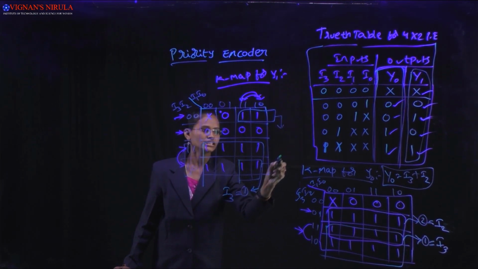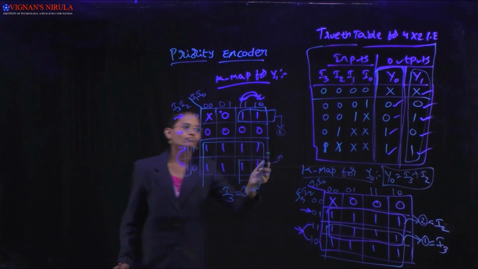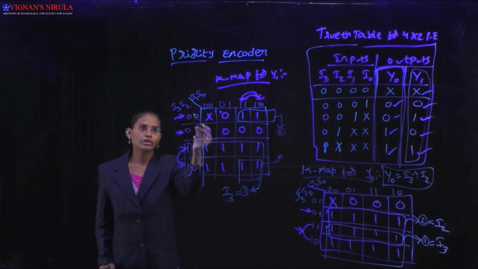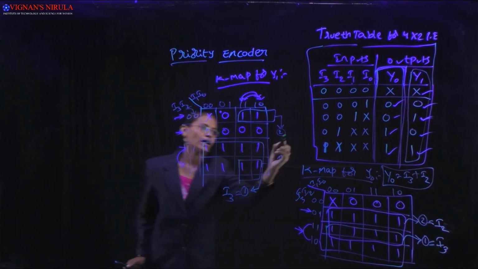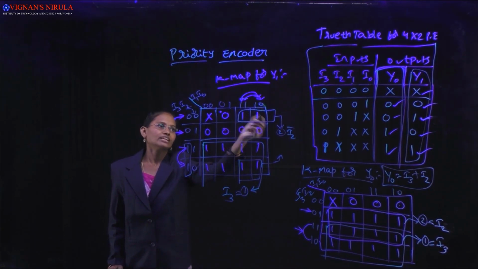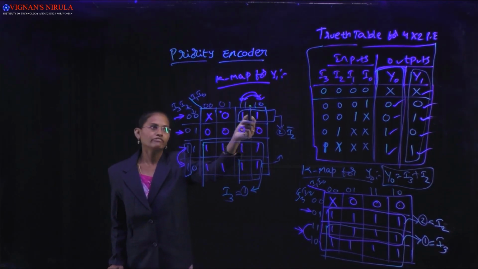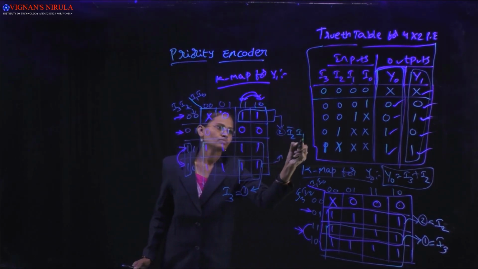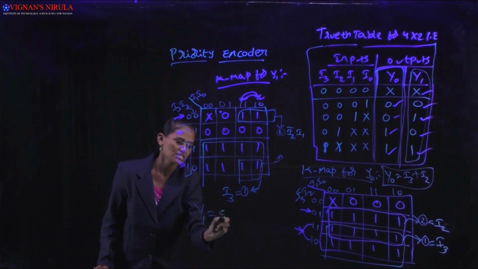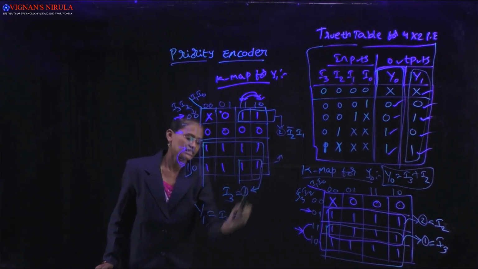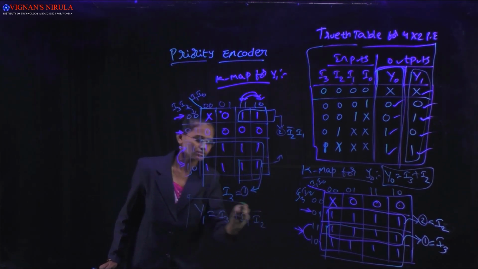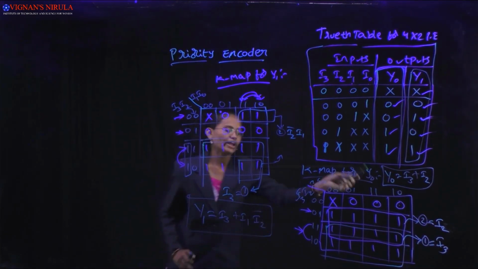Considering the second group, what is the equation here? 0, 0, 1, 0. 0 is the common variable, that is essentially I2 bar. And column-wise 1, 1, 1, 1: 1 is the common variable, that is I1. Write down the equation for Y1: Y1 equals I3 plus I1 I2 bar. This is the Y1 equation.